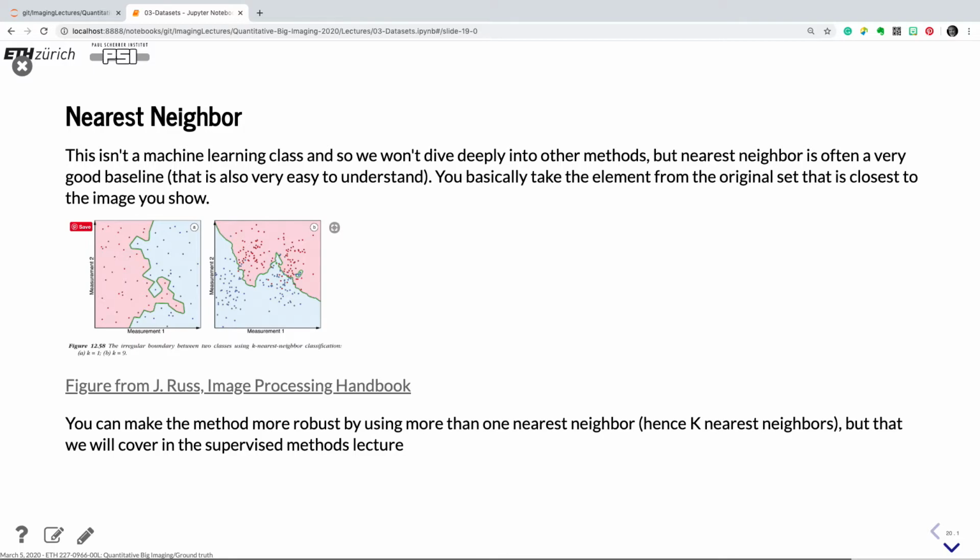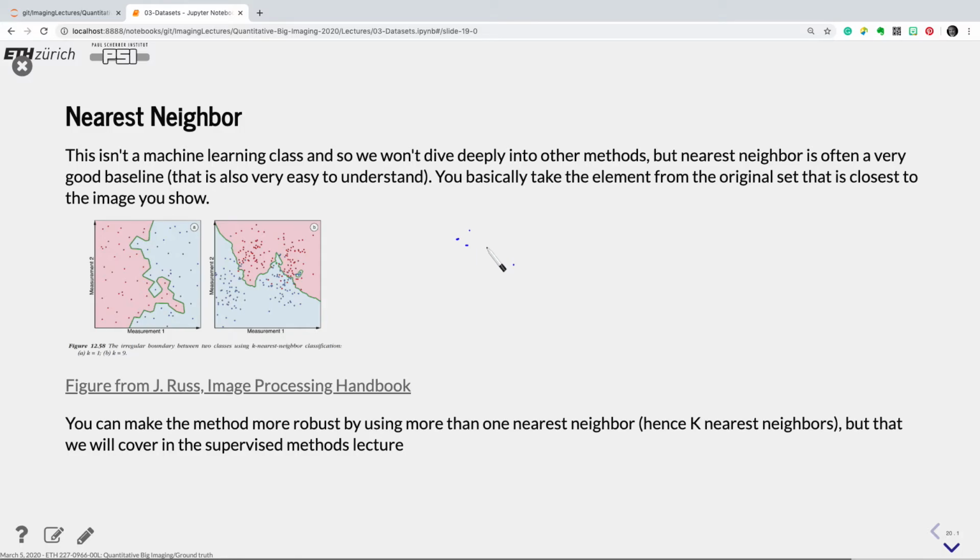Well, it's more like if you have a bunch of dots. Let's see if I can create some dots. These belong to class A, and these belong to class B. And then it's looking in this area.